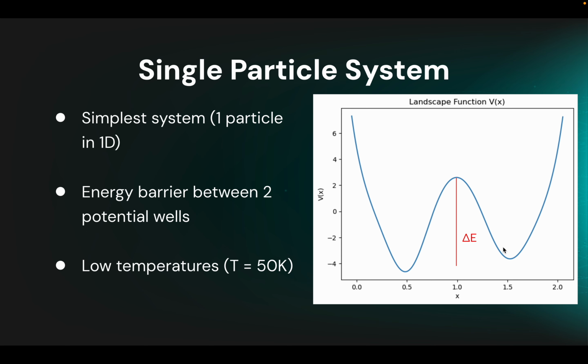We ran these simulations at low temperature, specifically 50 Kelvin. So this will make it difficult for traditional MCMC methods to overcome this energy barrier and explore all the states because of the lack of kinetic energy in our system.